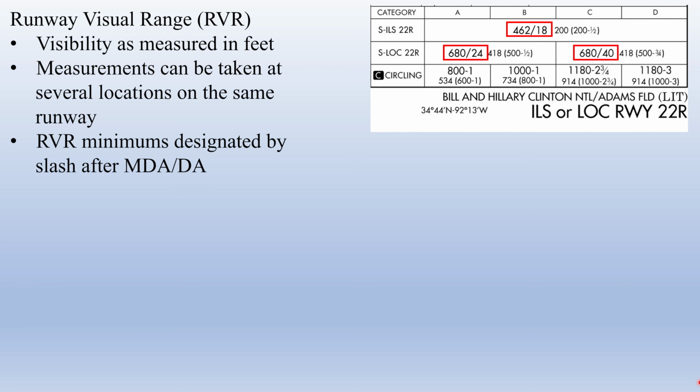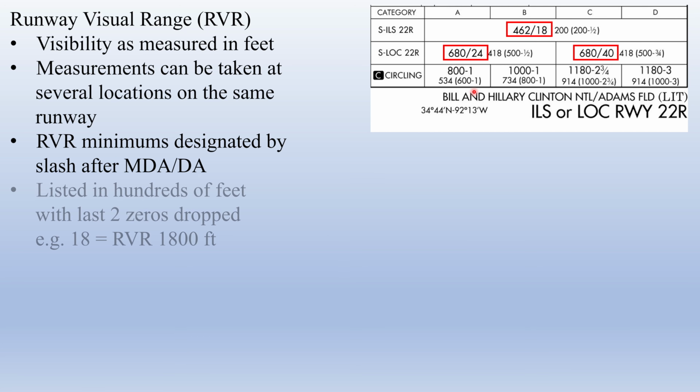RVR minimums are designated by a slash after the MDA or DA. As you can see here with the statute mile visibility minimums, we have a dash and then the number. With the RVRs, we have a slash and then the number. Another hint that you're seeing RVR minimums and not statute mile minimums is most of your visibility minimums are going to be low single digits and fractions of that, and your RVRs are typically going to be high single digits or double digits.